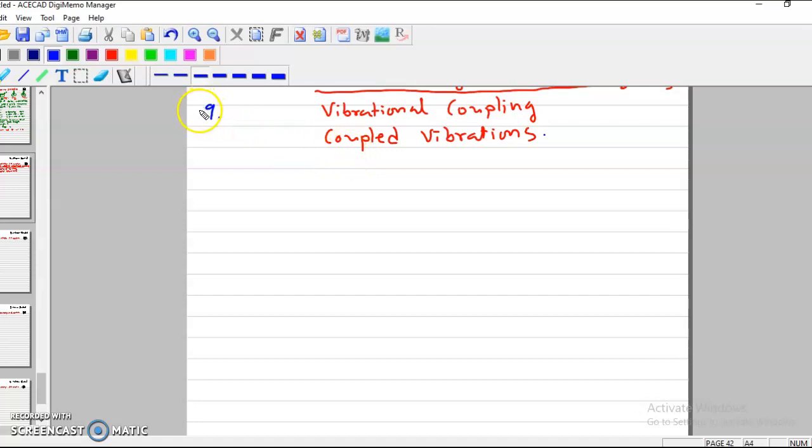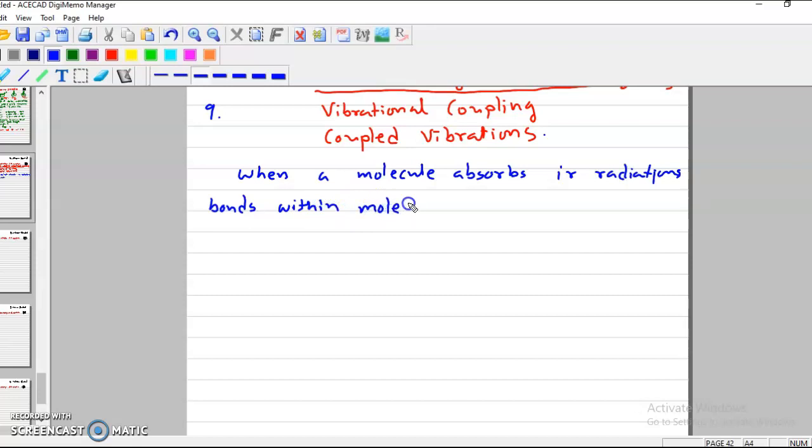Okay, so first of all, let us understand vibrations. When a molecule absorbs IR radiations, bonds within molecule start vibrating. There are two types of vibrations.